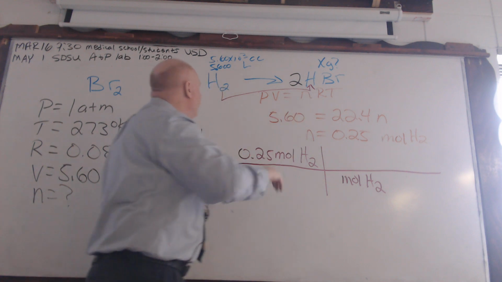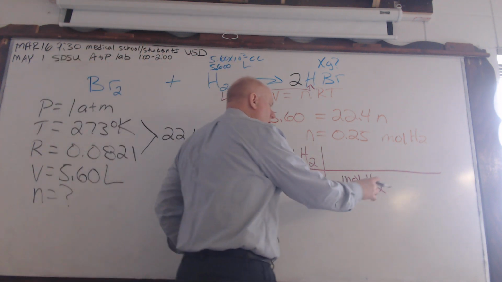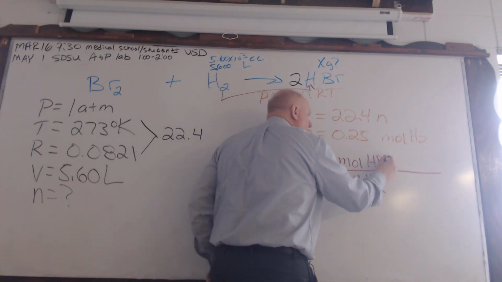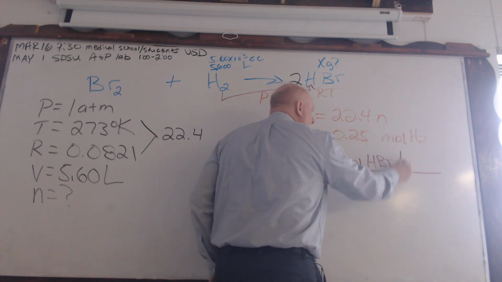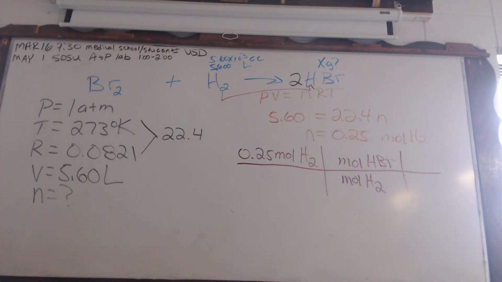Remember, this step allows us to change what we have into what we're looking for. Here's what we have. This is what we're looking for. And then there's something very specific about this step. Your mole to mole ratio.